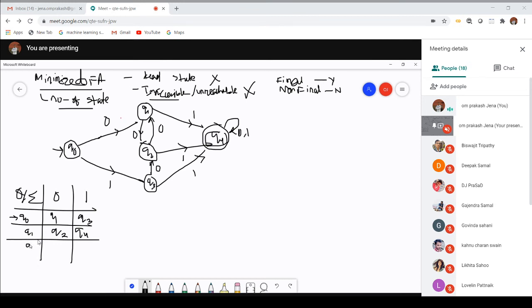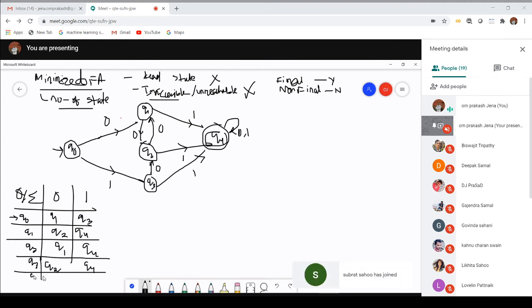Then on Q2, if I pass 0, it will return back to Q1. On 1, it will move to Q4. On Q3, if I pass 0, it will move to Q2. On 1, it will move to Q4.